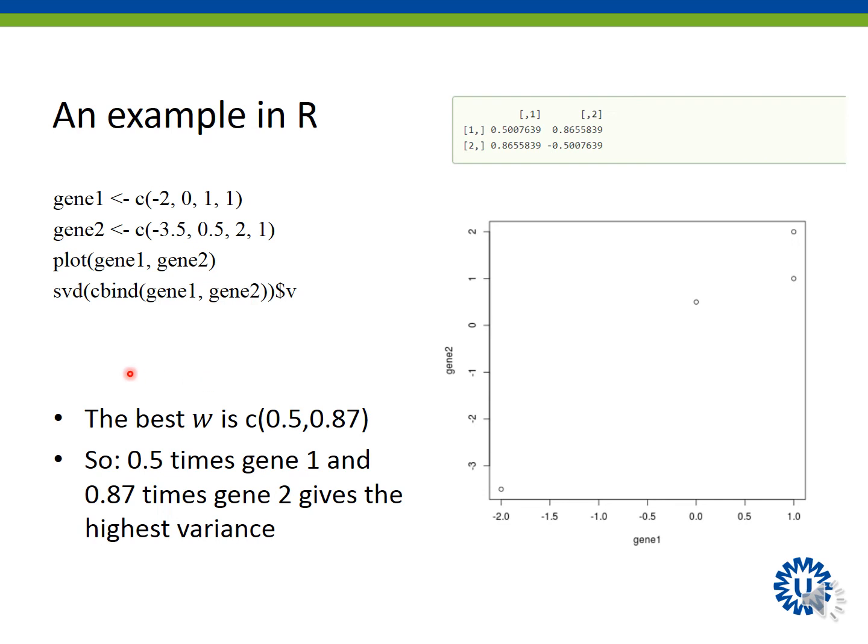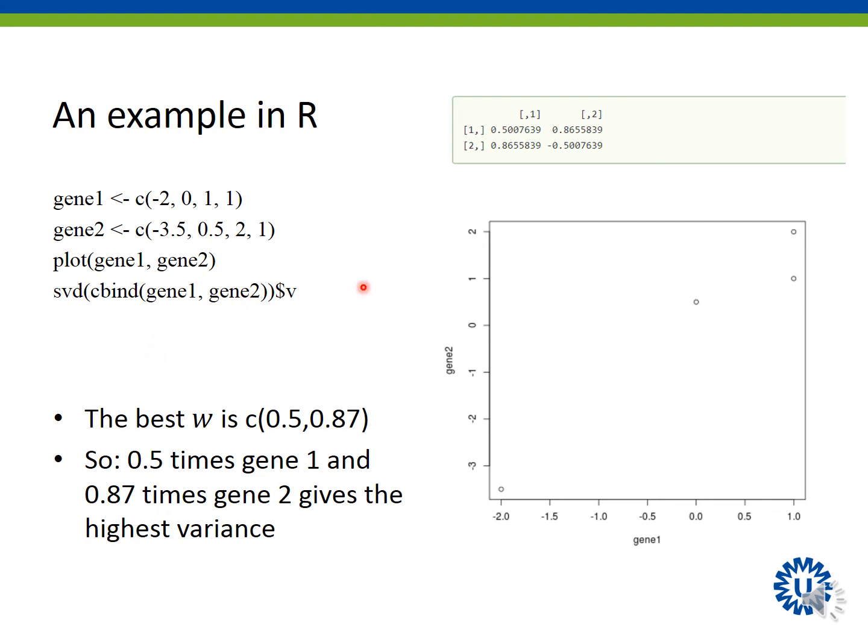Then you calculate the singular value decomposition. And in R, you can do that with the svd function. And you specify that you want the right singular vectors. Remember, the first right singular vector of x is the first principal component of x.